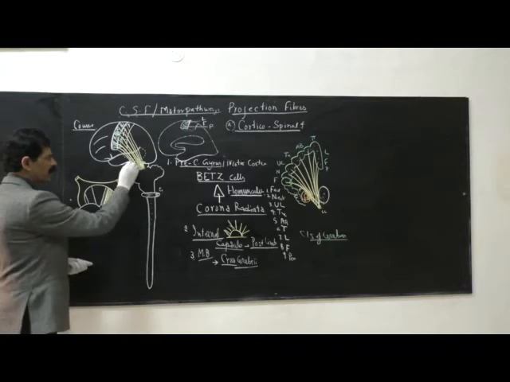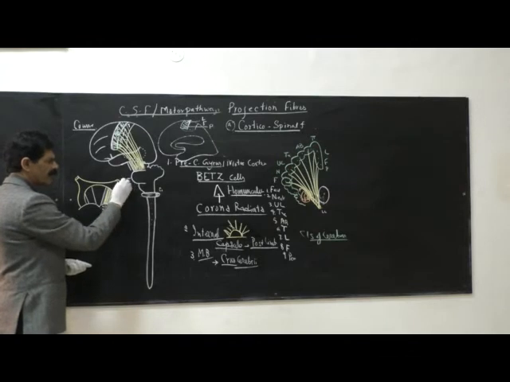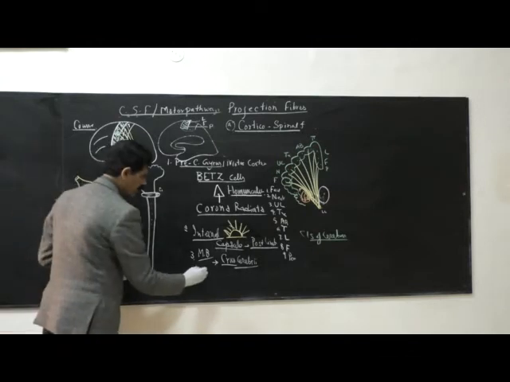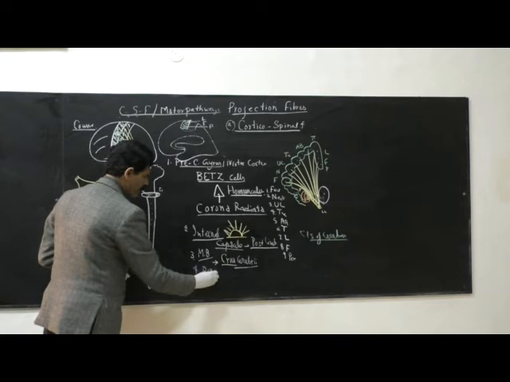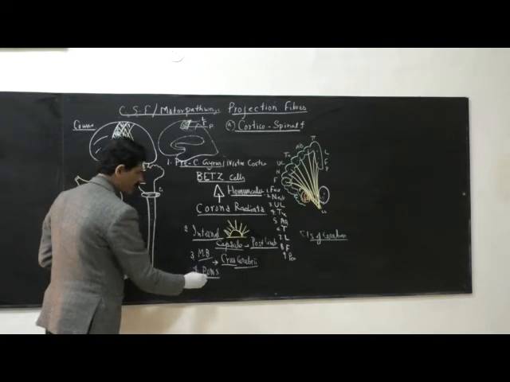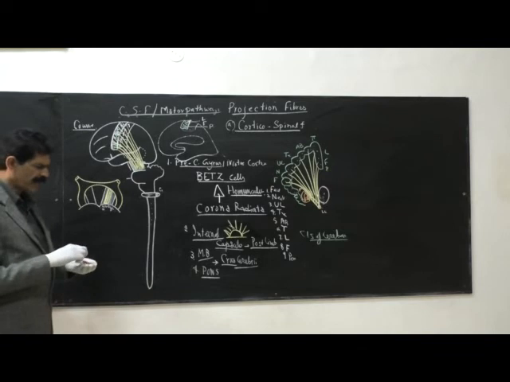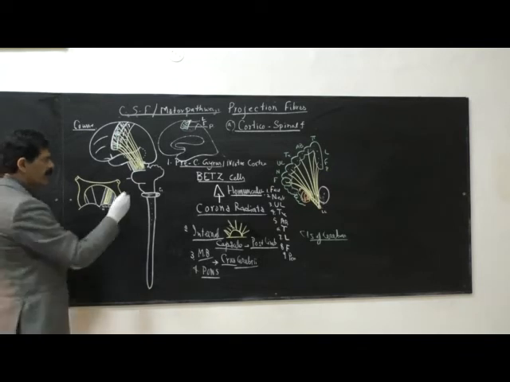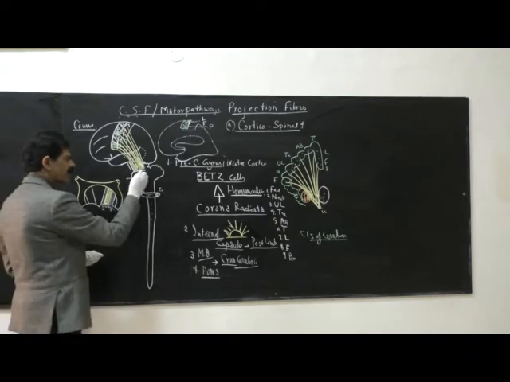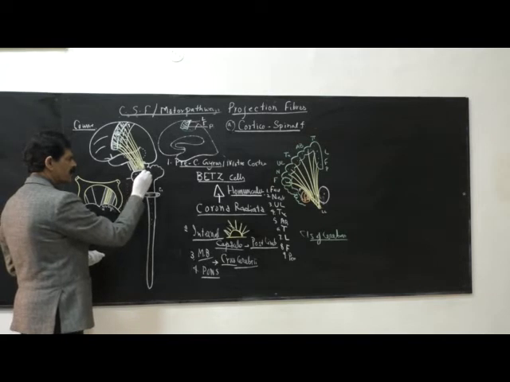Further, so this is the midbrain. After the midbrain, now they pass into the next part, that is the pons. In the pons, these descending corticospinal fibers are scattered. Why are they scattered? Because of the presence of the gray matter of the pons, that is in the form of the pontine nuclei.